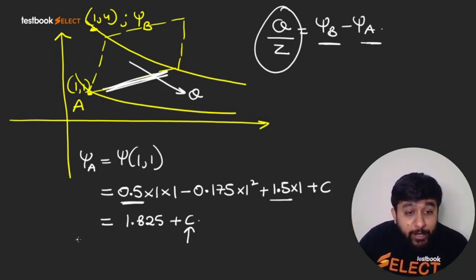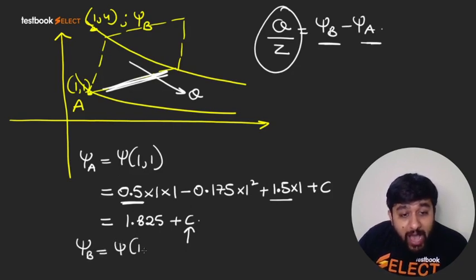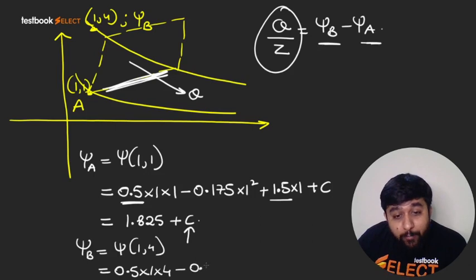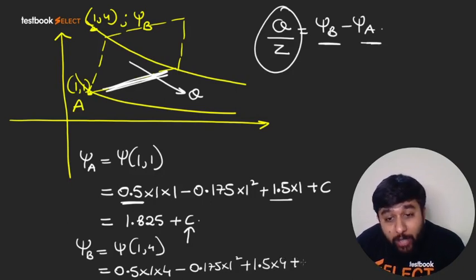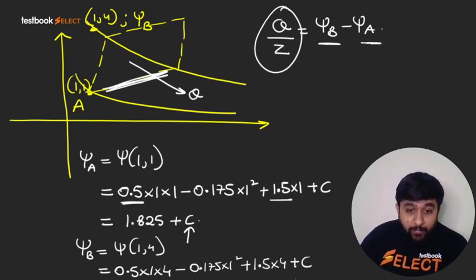Similarly, let us find the value of psi B, that is psi at (1, 4). So this will become 1.5xy, that is 1 into 4, minus 0.175x squared, that is 1 squared, plus 1.5y, that is 4, plus the constant of integration.